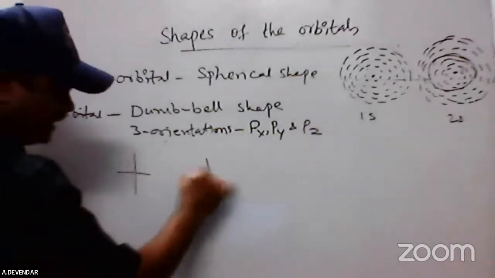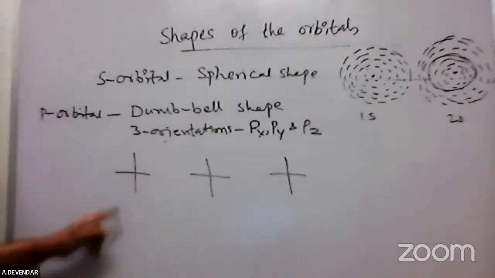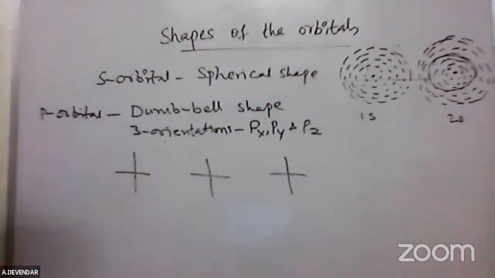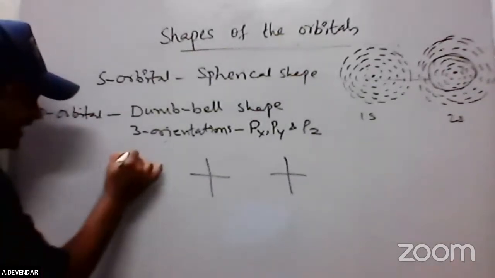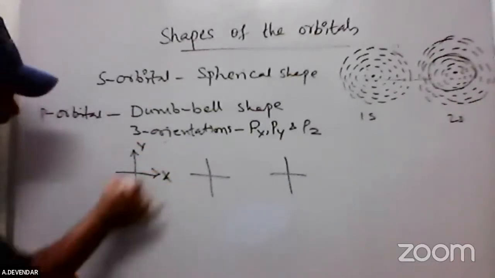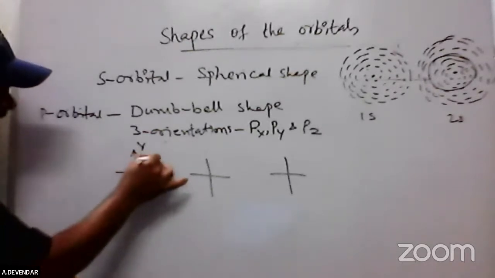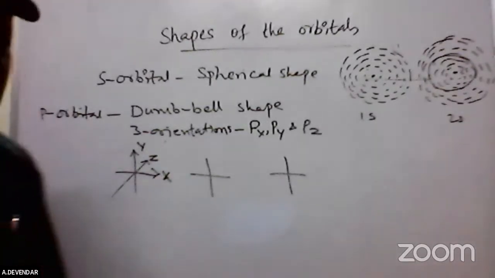Please go through this. My technique is just using a plus or cross mark, whatever you want. Taking this plus mark, suppose you are using the axes. This is the x-axis, this is the y-axis, and the z-axis is here. Why? Because the Cartesian coordinates are 3: x, y, z.